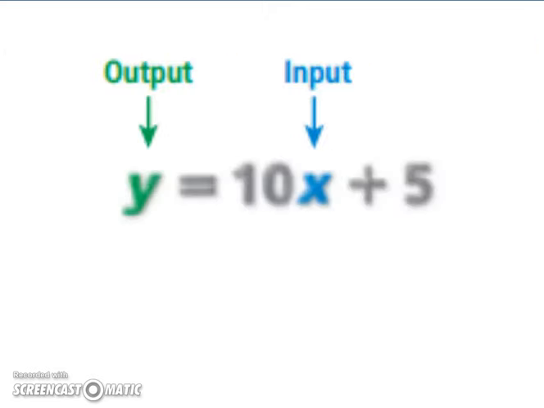You can also use equations to come up with coordinates. You have an input and an output. So when you input a value in for x, you're going to get an output. And what that means is that, say you put in the number 2. So that's your input.